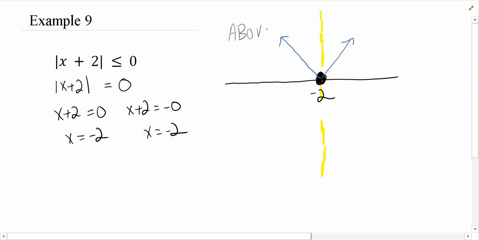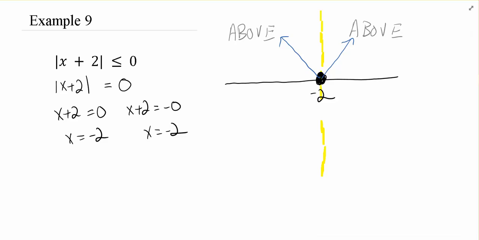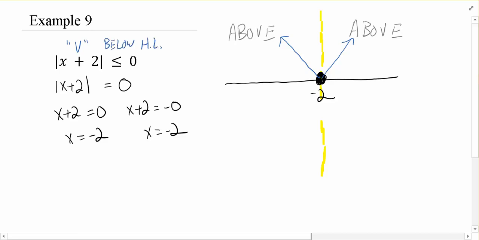The V is above the line on the left, and the V is above the line on the right. So then we go back to the original problem and say, hey, what did we want? We wanted the V to be below the horizontal line. Where is it below? Never. So we're not going to shade the left and we're not going to shade the right.